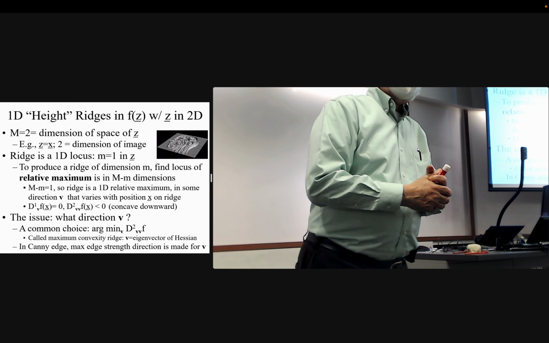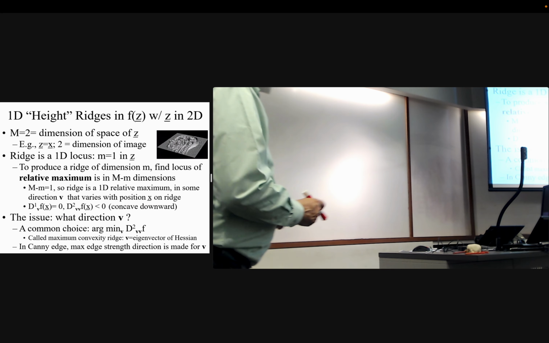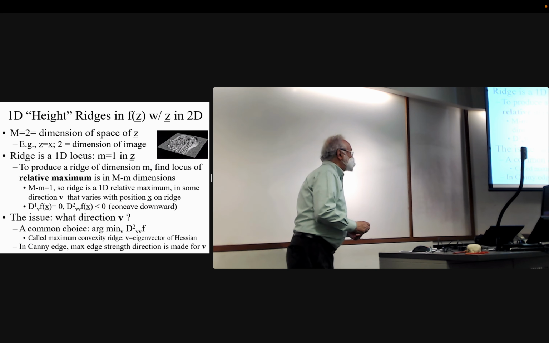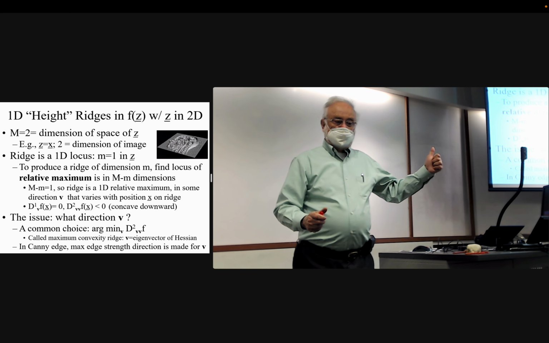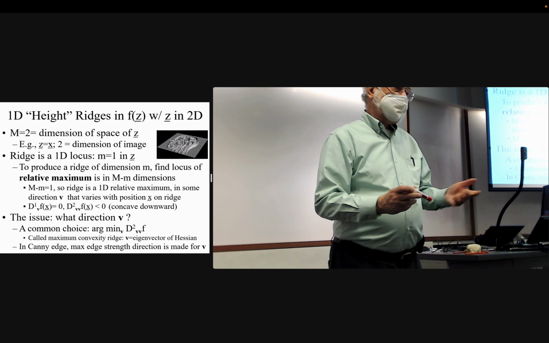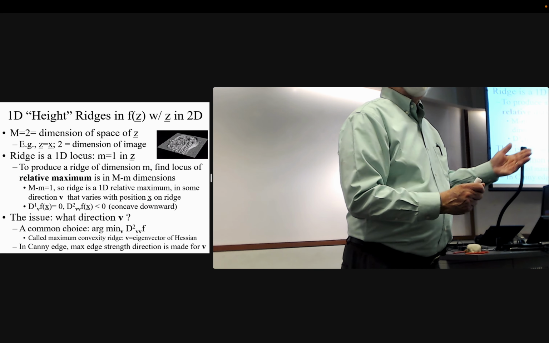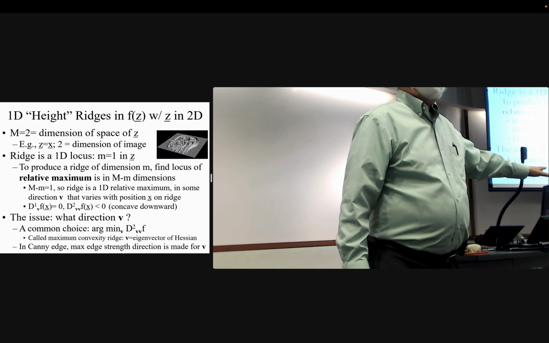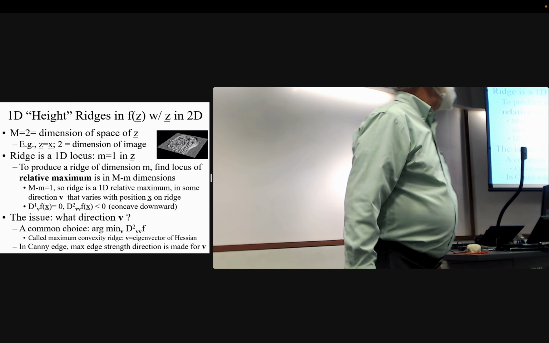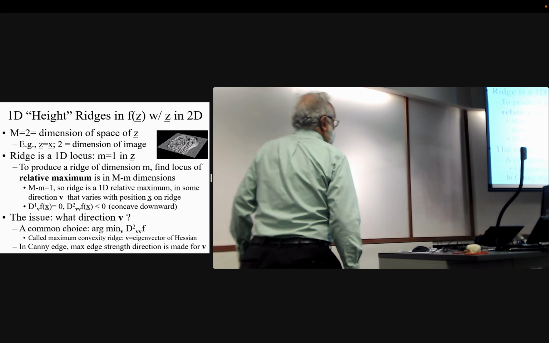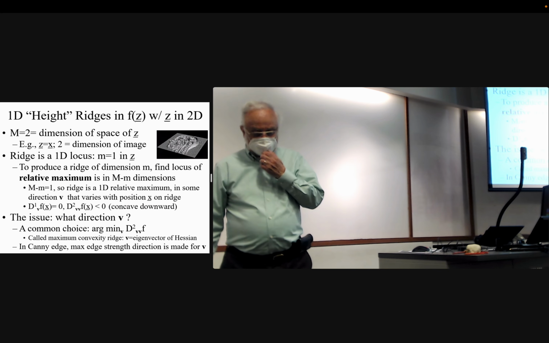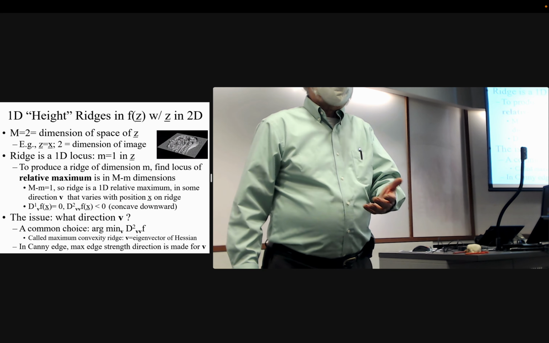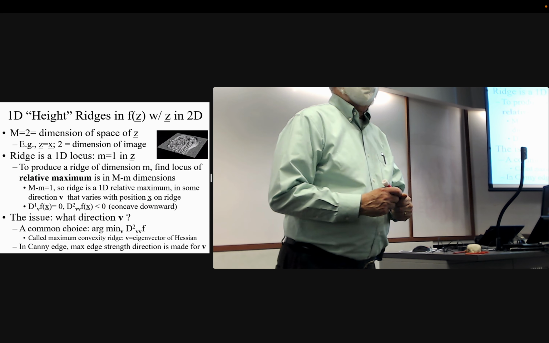And we have seen that the direction for which that minimum of a negative, because it's the greatest magnitude negative value, is the direction of the eigenvector of the Hessian of H.